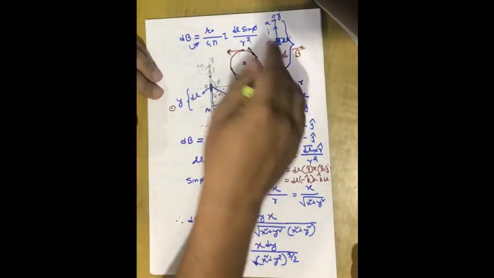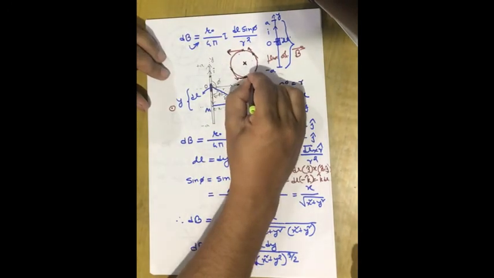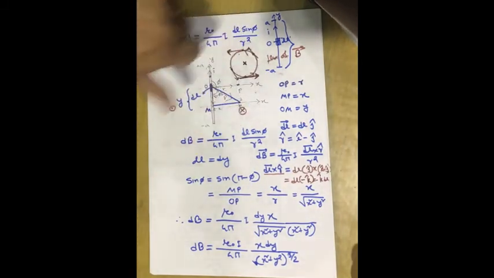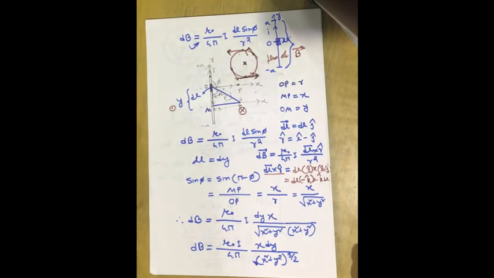If this part's arrow is on this side, then that part's arrow will be on that side, so it will be in the anti-clockwise direction. In that way we can determine the direction of the magnetic field.